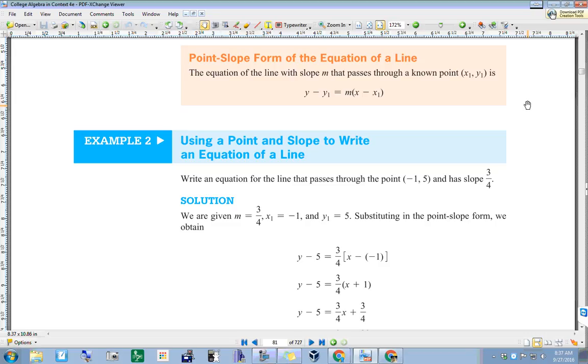More often you're given some information and it has to be translated into a point, input, output, and how things change from one thing to the next. And we've played with this equation before. I mean, it's nothing new to you.